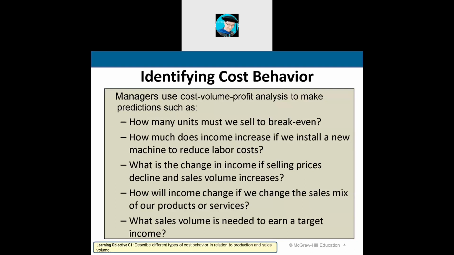Now, if I purchase a piece of machinery, what does it do to my labor costs? One would think that the machinery would assist the employees. And what that means is our labor costs will go down because our employees would be more efficient because machines are helping them.